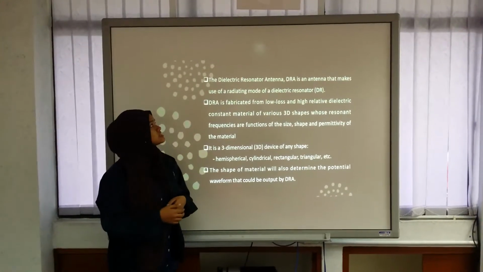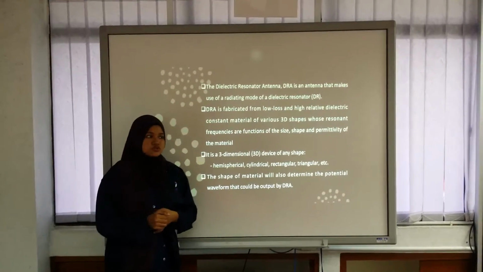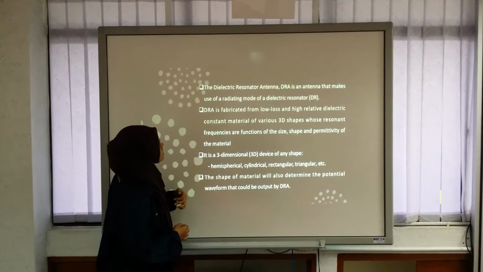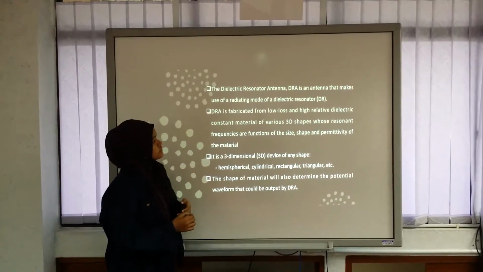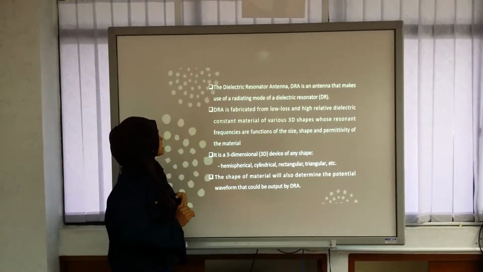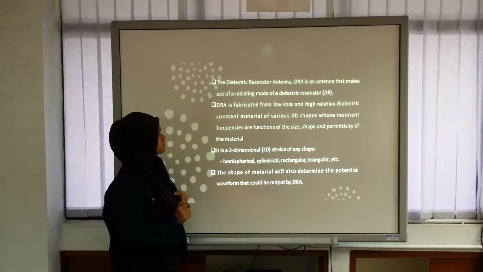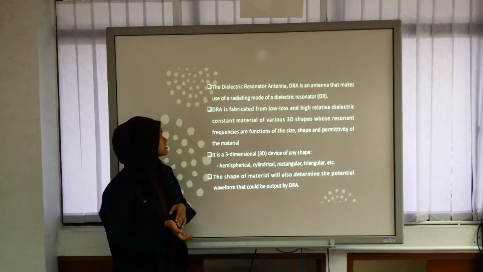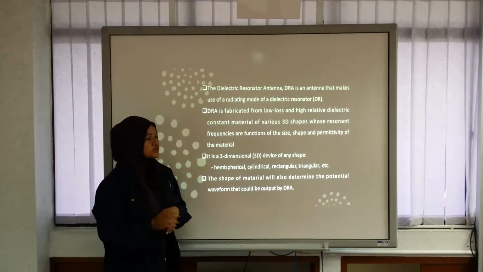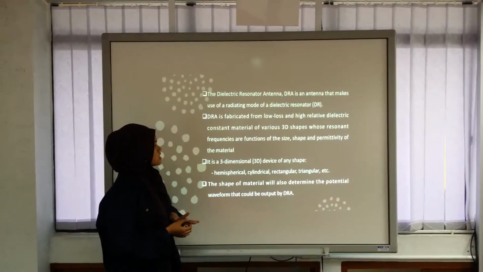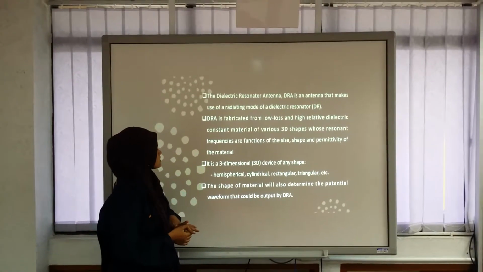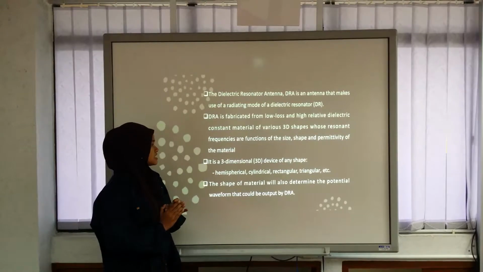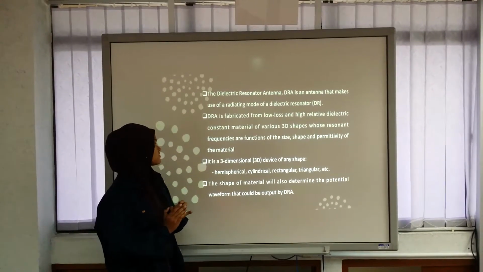The dielectric resonator antenna, also known as a DRA, is an antenna that makes use of a radiating mode of a dielectric resonator, DR. The DRA is fabricated from a low loss and high relative dielectric constant material, in a 3D shape whose resonant frequencies are a function of the size, shape, and permittivity of the material.